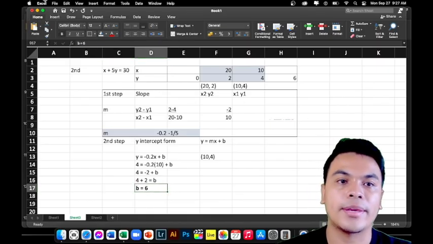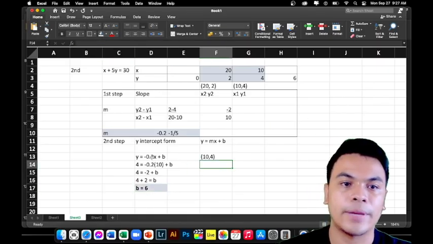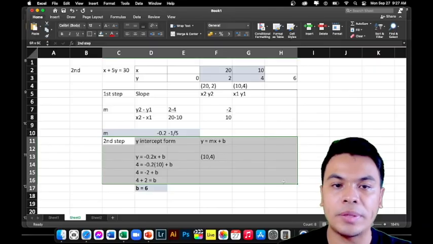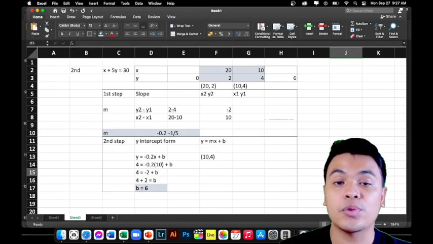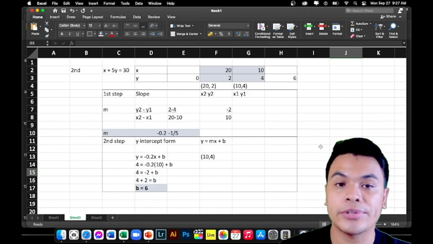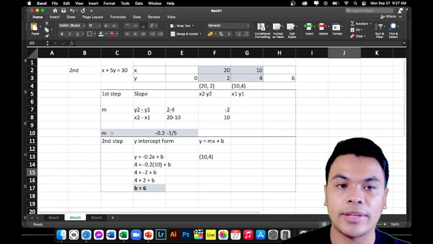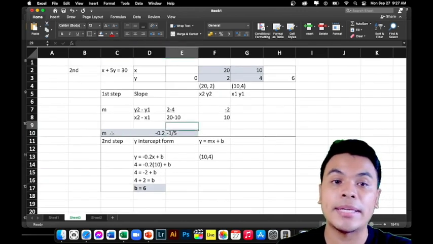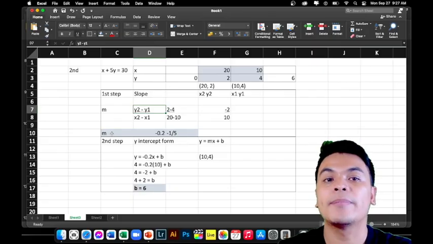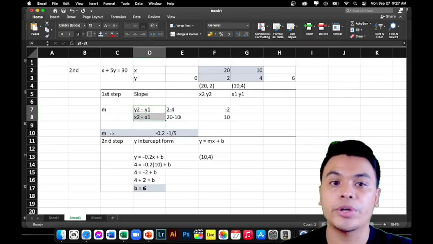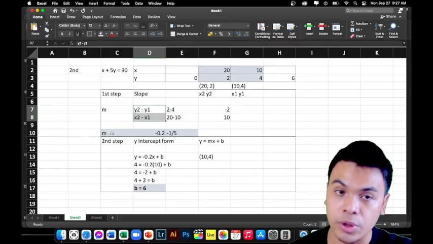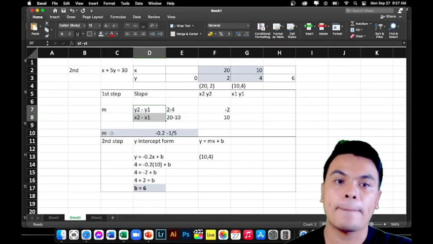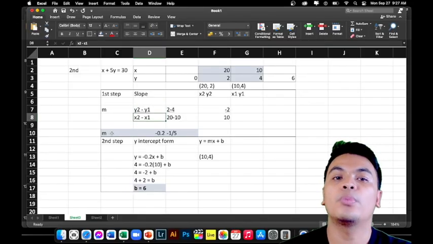Recap on how we did this. The goal again is to find the slope and the y-intercept. We first identified the slope. Again, the formula is delta y divided by delta x, or your change in y over your change in x, or y2 minus y1 divided by x2 minus x1.